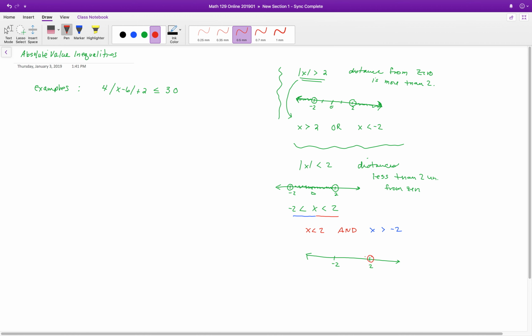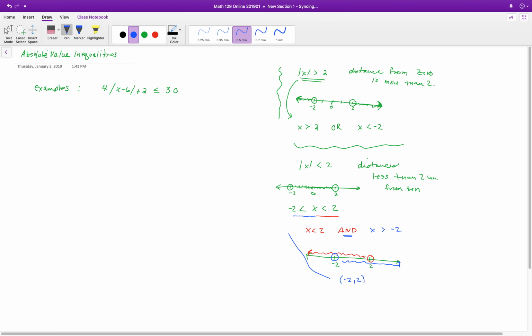so here's 2, and I would shade to the left, and larger than negative 2, that would be here, and we shade to the right. Remember, and is the overlap, just the numbers that are in both sets, which in this case would be from negative 2 to 2.